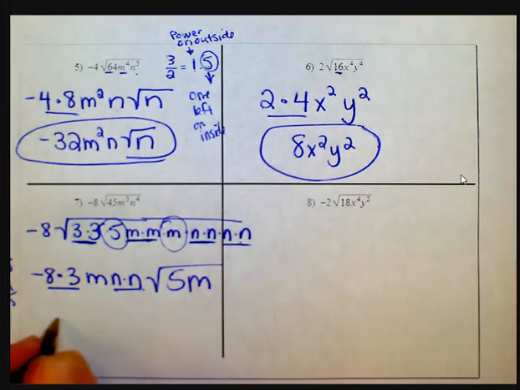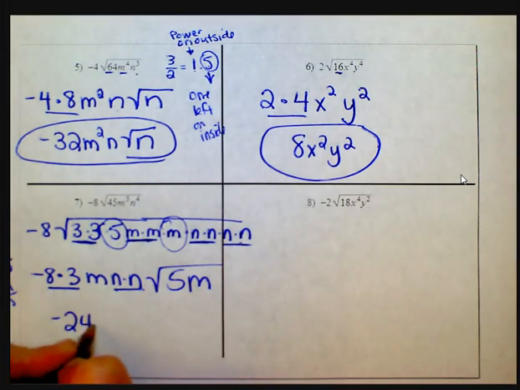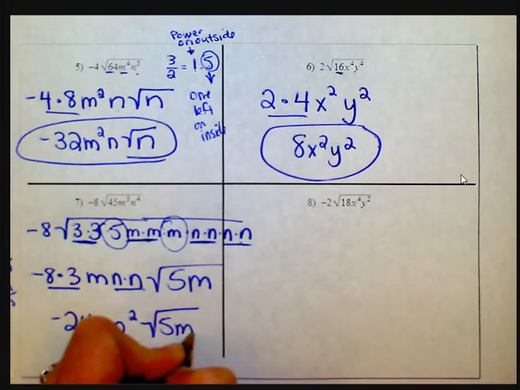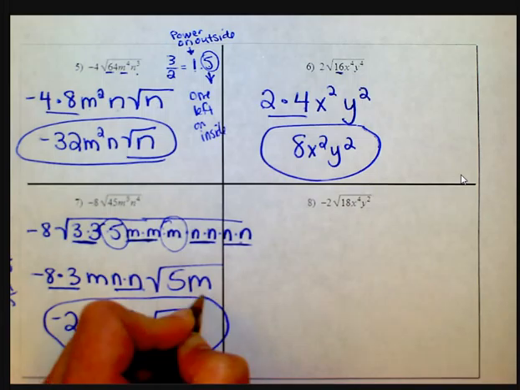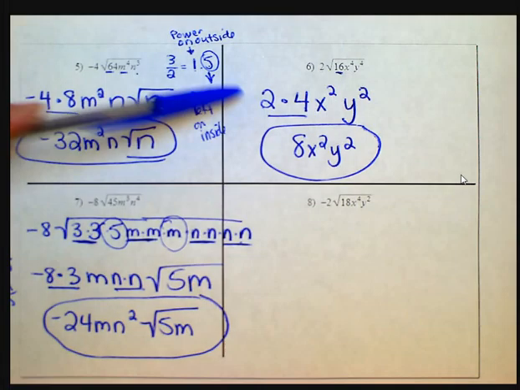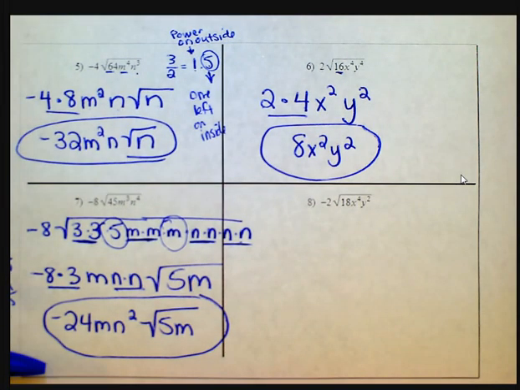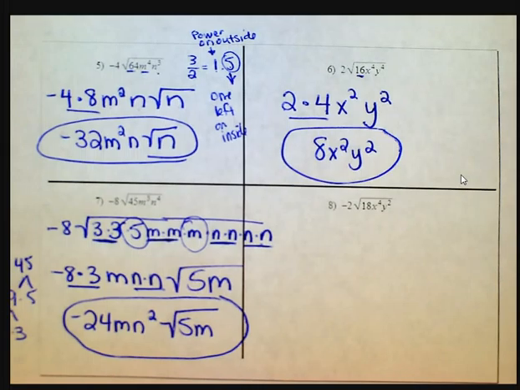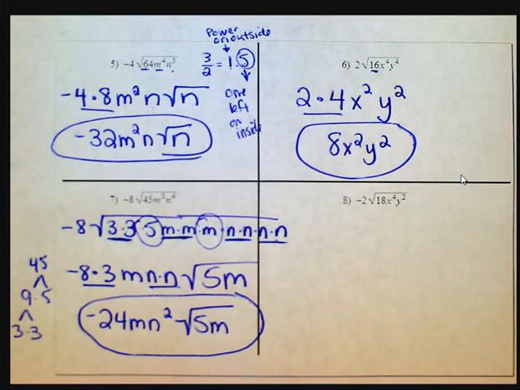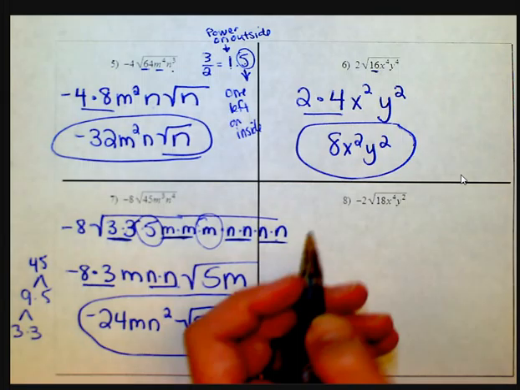So I got negative 24 m n squared, square root of 5m as my final answer. So these two showed you using the division shortcut. And in case the division shortcut confuses you, you can still always list them out and look for pairs.